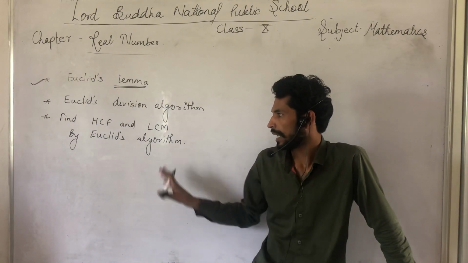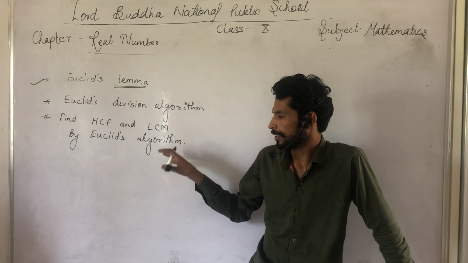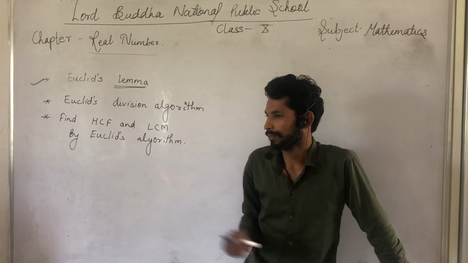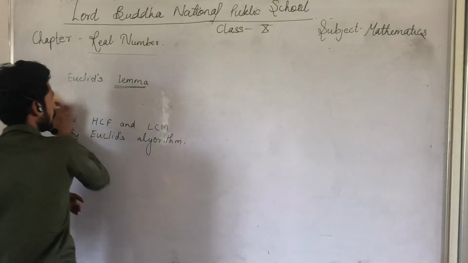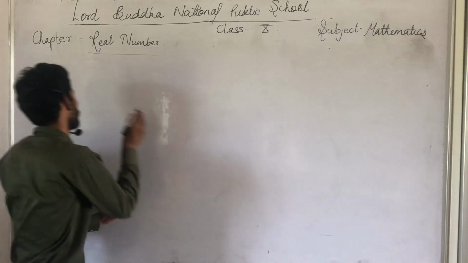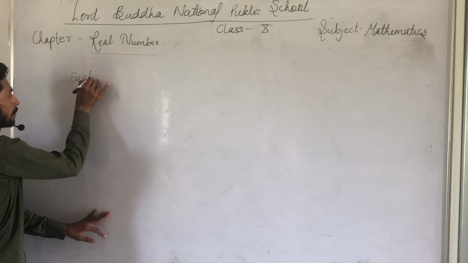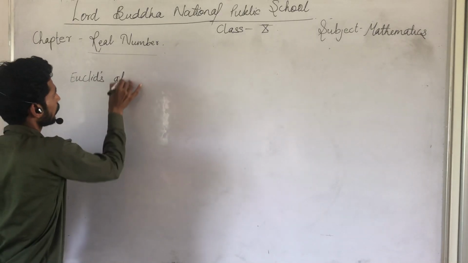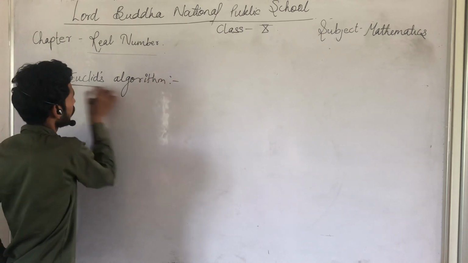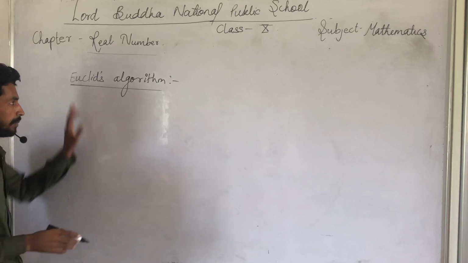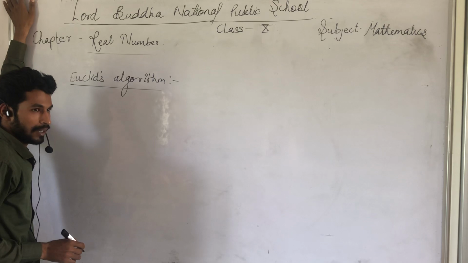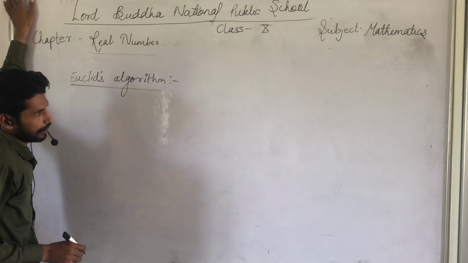So we will use the algorithm which was first proposed by Euclid. So this is called Euclid's algorithm. Euclid's algorithm is used to solve problems based on HCF and LCM, which are related to real numbers.